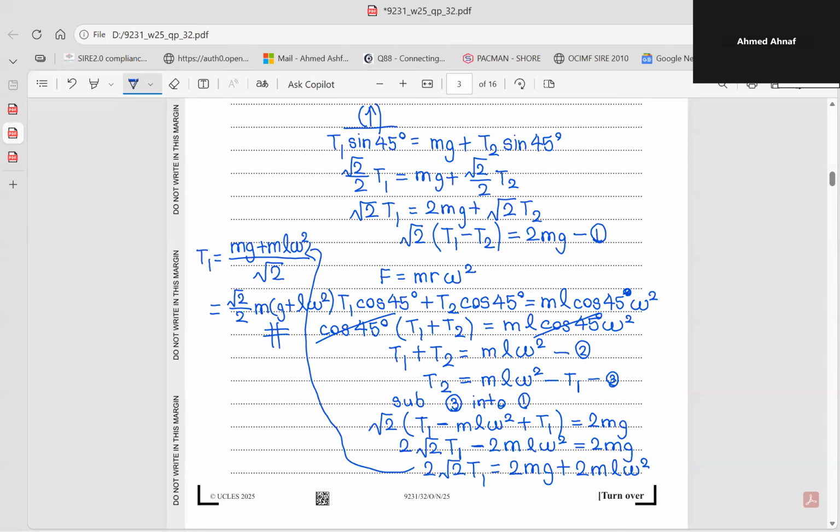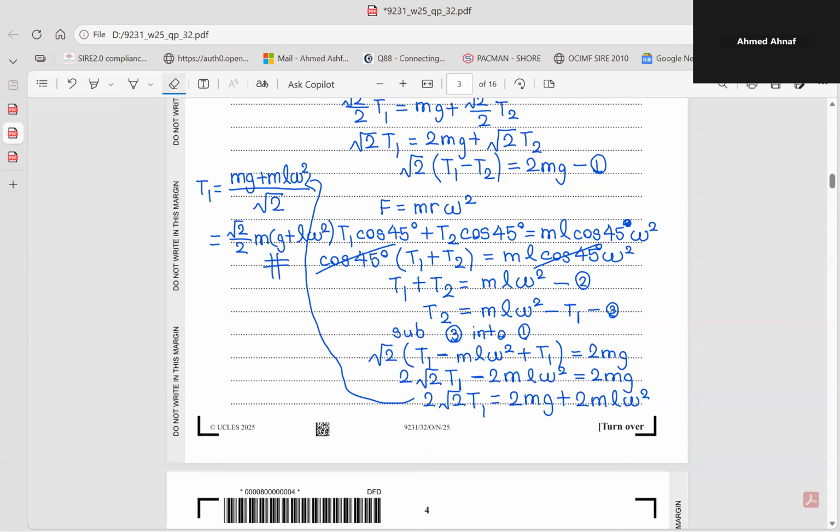Okay, so before we get started with the next question, I made a silly mistake in the first question. When I was expanding this, I put 2 in front of mL omega squared instead of square root 2. So I'm going to rectify that. It should be square root 2 here as well.